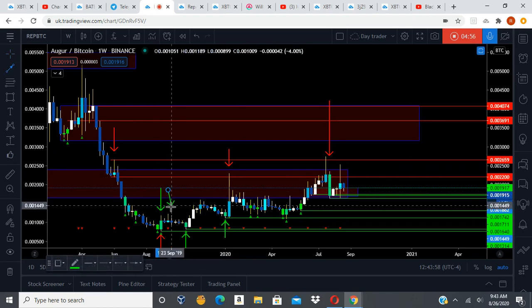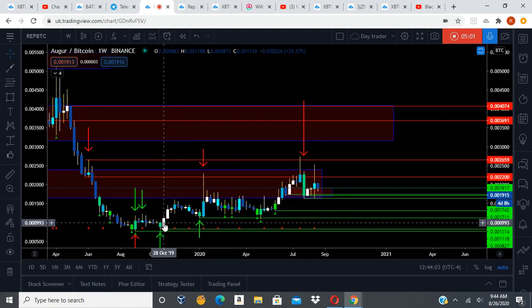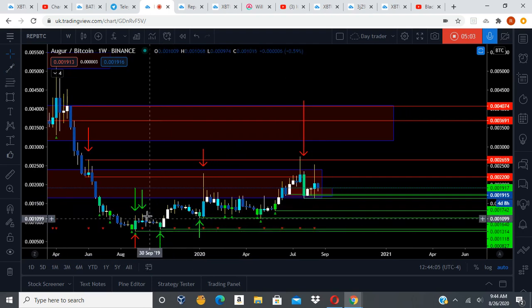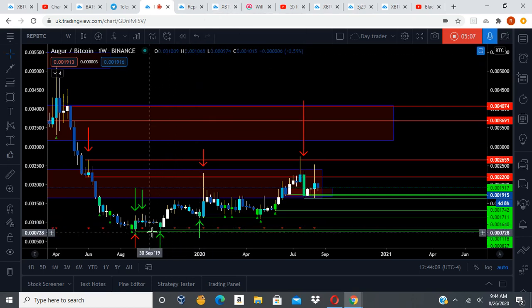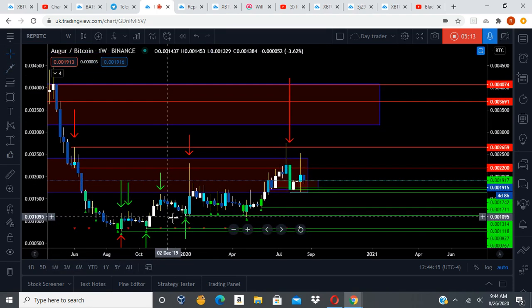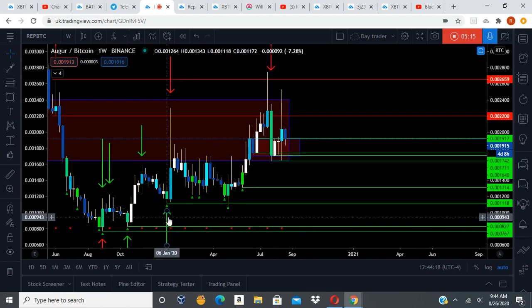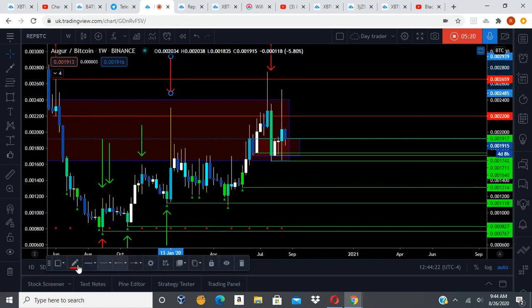Then you get another one right there, wake up, and then it goes down and forms that lower low. Like you get the test of resistance, then you get the test of support. And with that test of support, we get a higher high right there. Uptrend is in play right now. Then we get another one right there, a higher low, and then we get a higher high. The trend is still going.